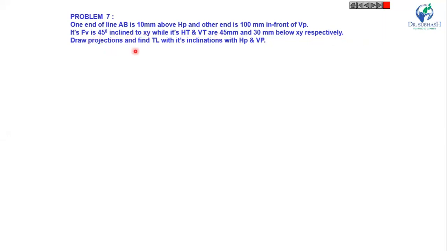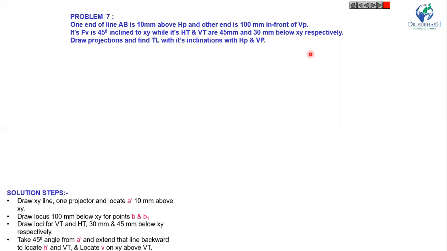Draw projections and find the true length with its inclination with HP and VP.